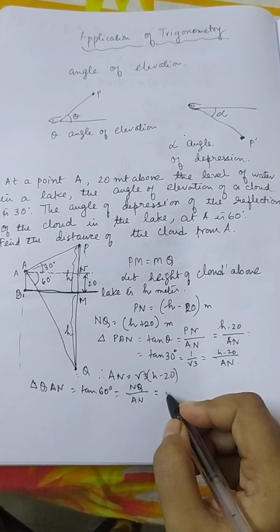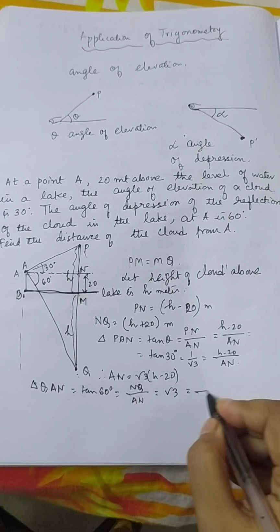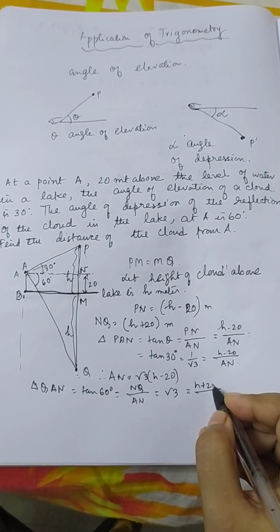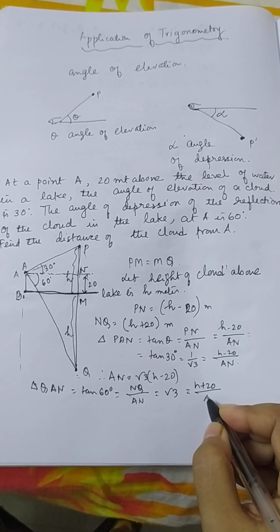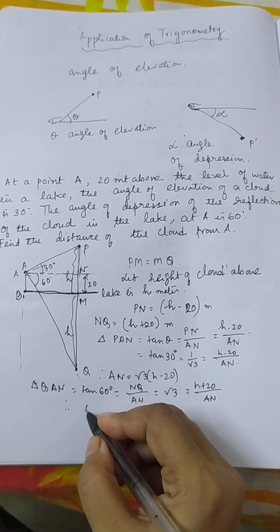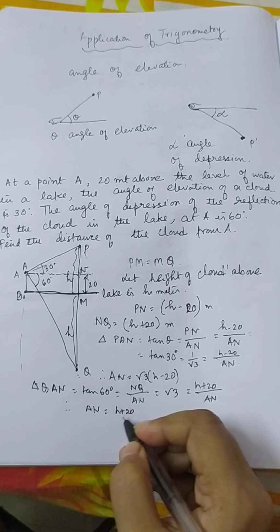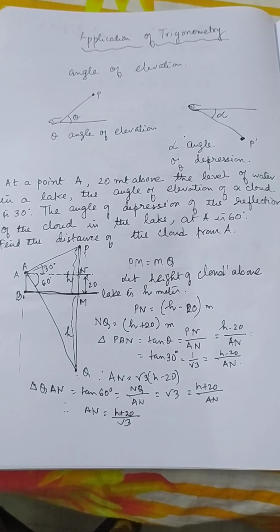Now tan 60 degrees is root 3, and NQ is nothing but h plus 20, and AN we don't know. Therefore, AN is equal to h plus 20 by root 3.